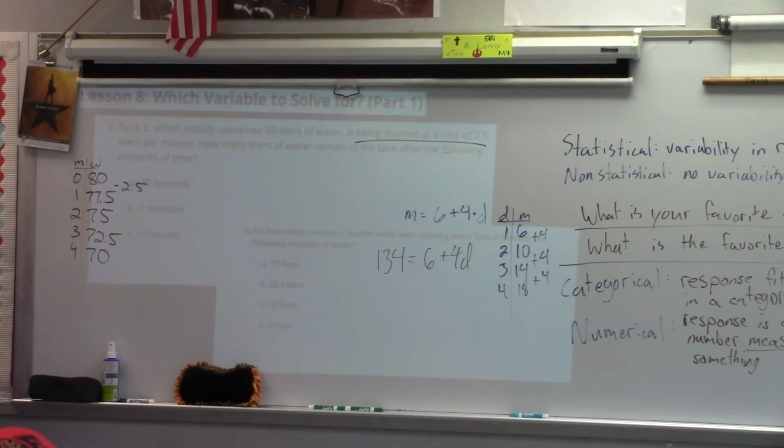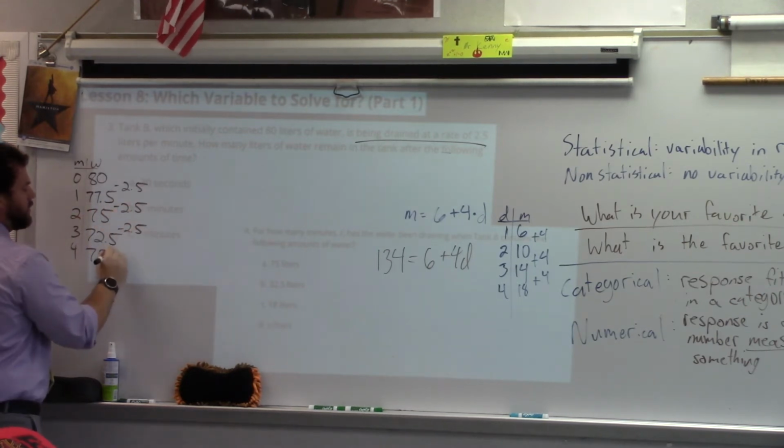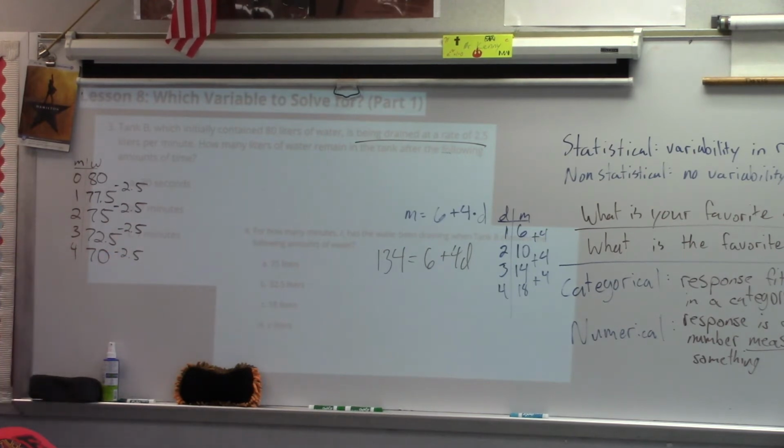How could I represent what is happening here in lesson 8? You're subtracting liters. Repeated subtraction. Yeah, I am repeatedly subtracting, but how am I going to represent this with an equation? 80 minus 2.5.